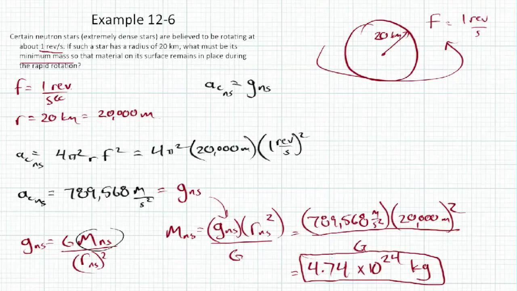Oh, sorry, the 9th is billion and 12th is trillion. I don't know what 10 to the 24th power is, but it's a huge number. These stars are very small, very dense, and they have a lot of gravity. So that's our answer. 4.74 times 10 to the 24th kilograms.